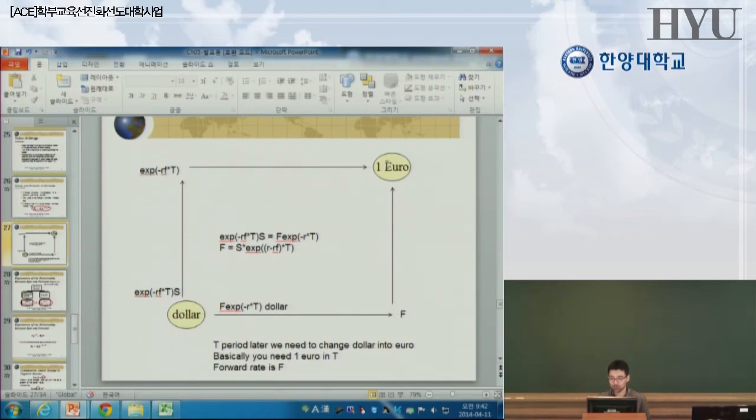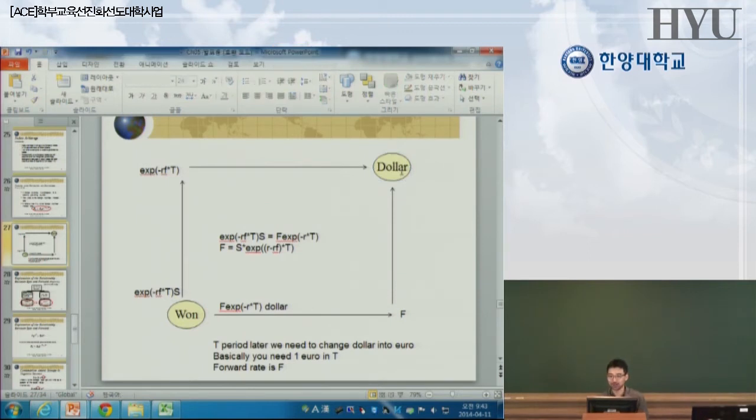This is 1 euro. This is Korean won. I'm confused because every exchange rate is per dollar, so let's change this into the more convenient form.